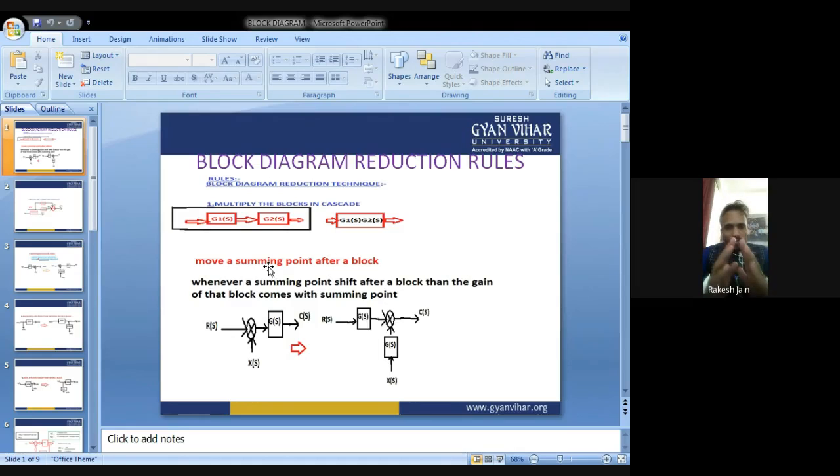If we wish to move that summing point, which was present before, to just after the block, then we have to put that gain with that summing point also. Here in this diagram, G(s) is the gain of the block after which we want to put that summing junction. So when we put that summing junction after the block, G(s) is also included with X(s).